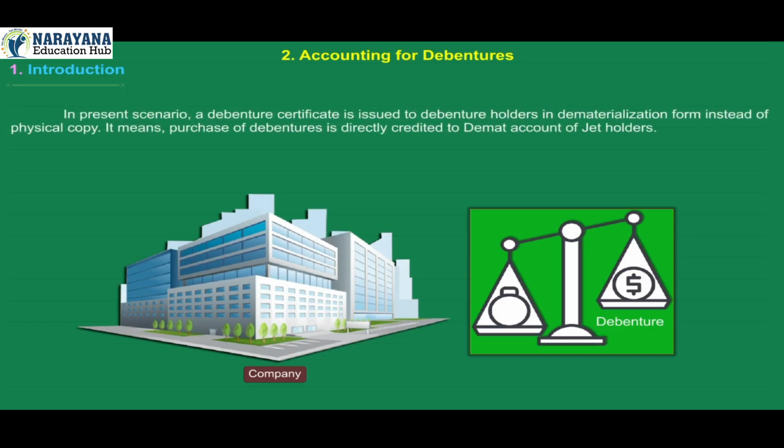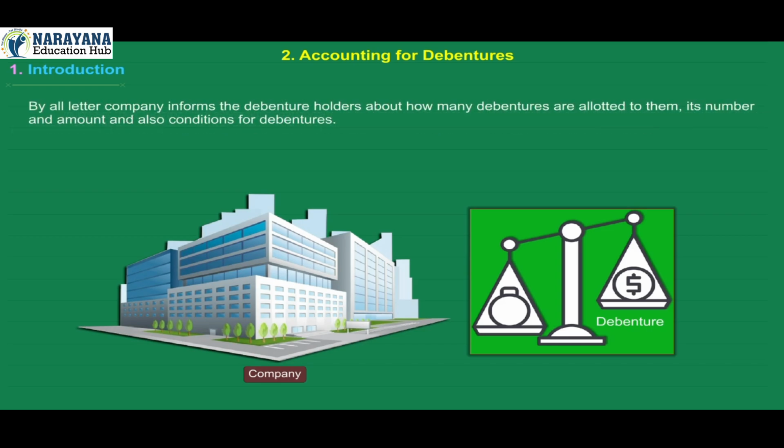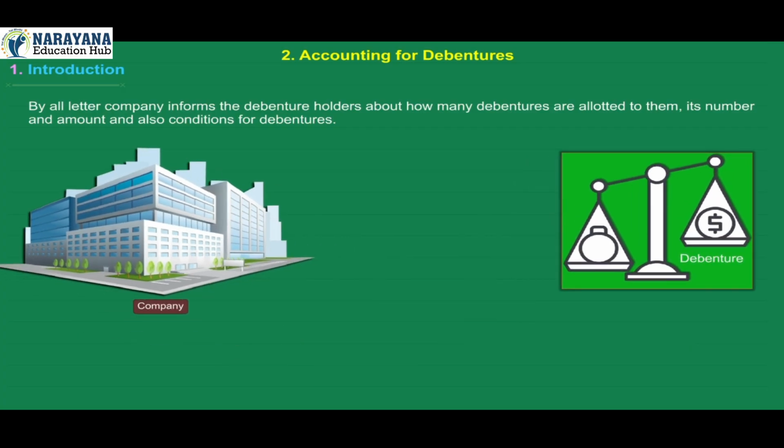In the present scenario, a debenture certificate is issued to debenture holders in dematerialized form instead of a physical copy. It means the purchase of debentures is directly credited to the demat account of debenture holders. After allotment, the company informs the debenture holder about how many debentures are allotted to them, their number and amount, and also the conditions for the debentures.